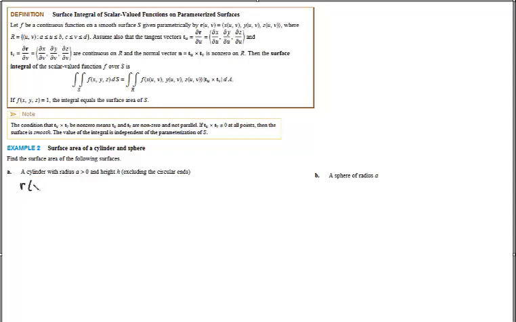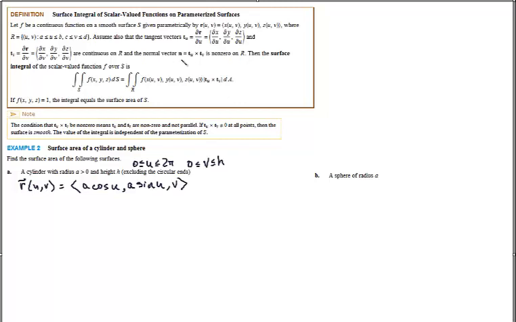If you look back, you'll see that in terms of u and v, this vector r would look like a cosine u, a sine u, and v. So that would be our cylinder, with u varying between 0 and 2 pi, and v varying between 0 and h. So we'll write that down.